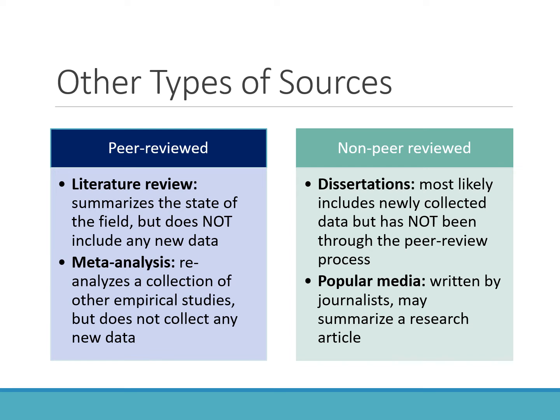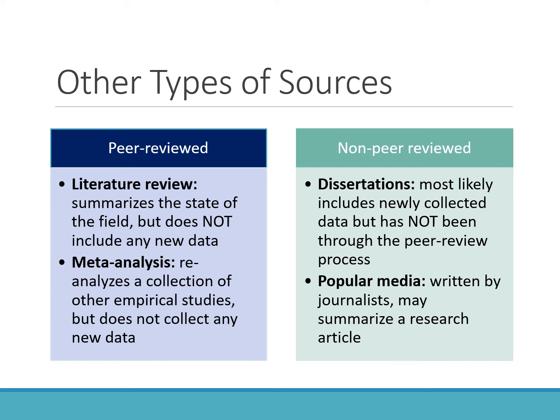This is where the authors collect previous data from other published studies and reanalyze it. A meta-analysis is kind of a gray area where it's definitely useful for background information. It may or may not work depending on your assignment. With a meta-analysis, they're not really collecting their own data, but they are running new analyses on previously collected data, and it is peer-reviewed.